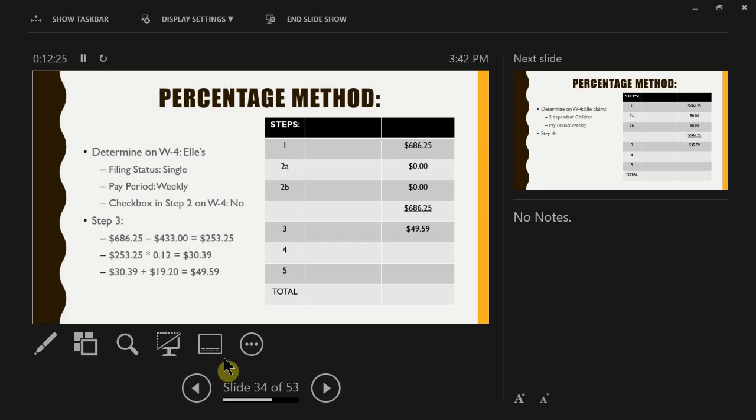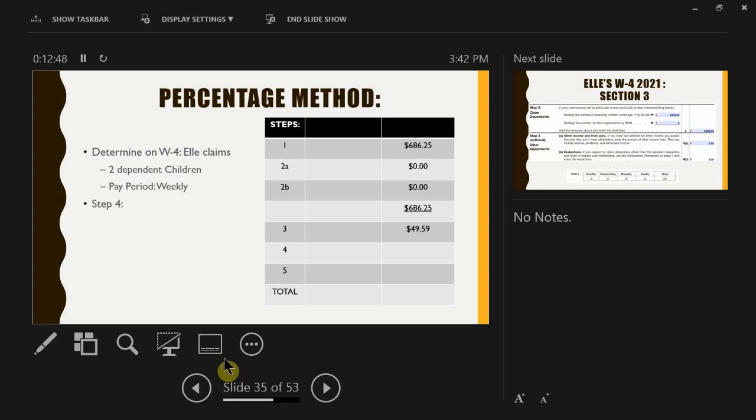That's the prorated amount that you're going to get taxed at, which in this case, we found out was $30.39. And then we're going to add the $19.20 that the government's going to tax us regardless of what we earn, to give us a grand total of $49.59. Okay?